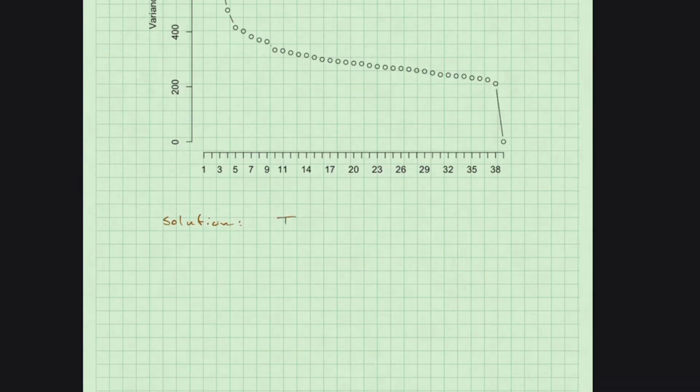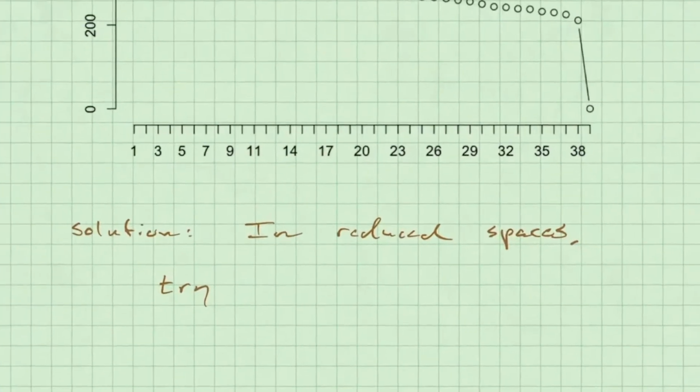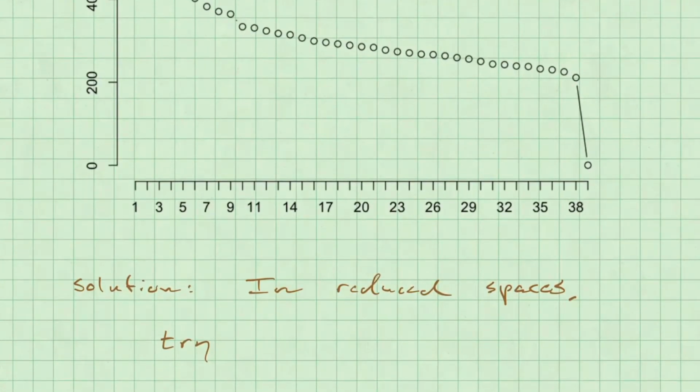So in reduced space plots, try not just the top couple of principal components, but try many combinations of principal components.